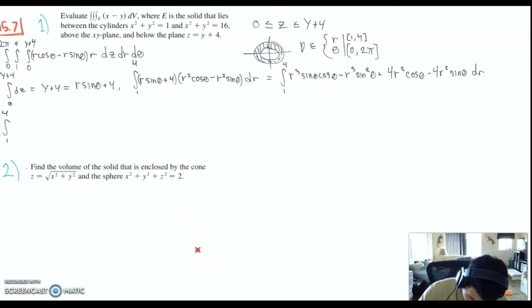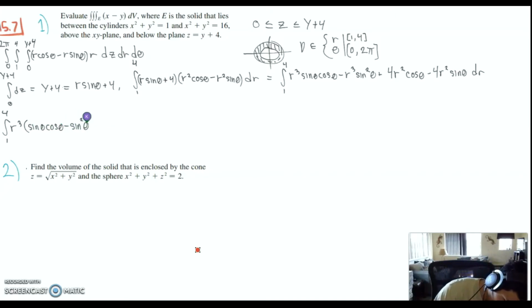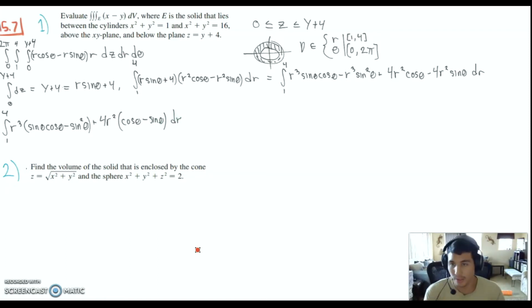I'm going to write up the r cubed here, sine theta cosine theta, minus sine squared theta, plus 4r squared, cosine theta minus sine theta. Again, remember all this is with respect to dr, so really you only have to focus on r's when you're integrating.